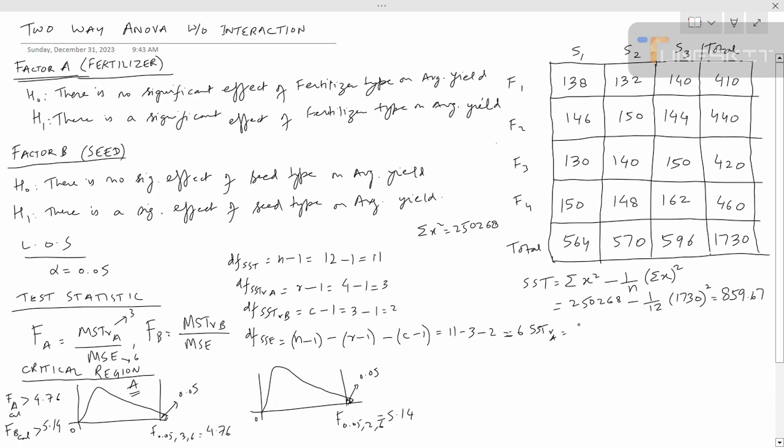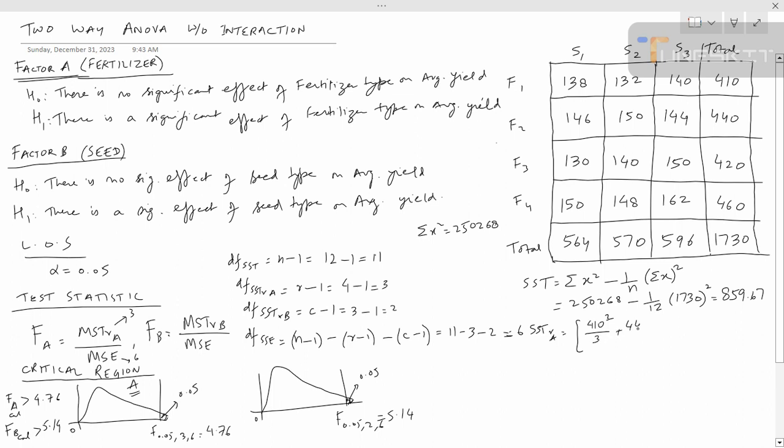And since we are computing variance, we need to square each row total divided by the number of observations on the basis of which this total we have computed, and that's 3 different types of seeds. So 3 different values are added together, so we go for the average in this way.